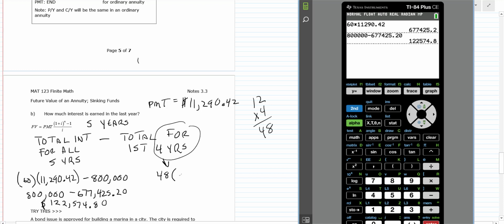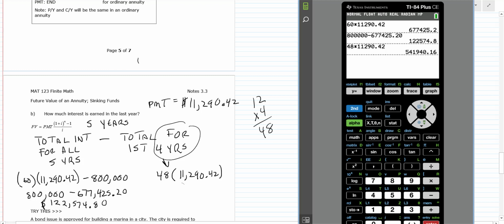We're going to do 48 times $11,290.42. That's how much money you actually put in over the first 4 years.